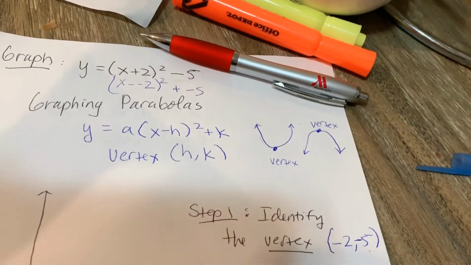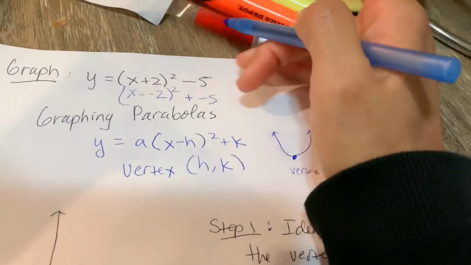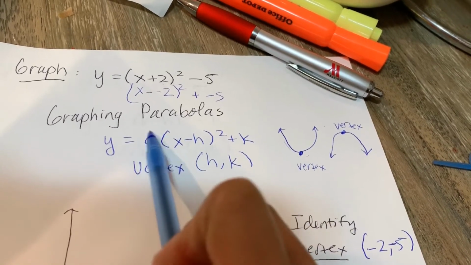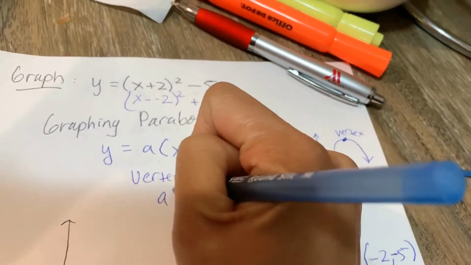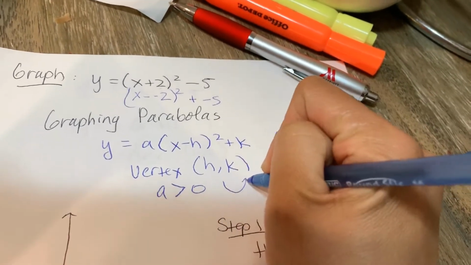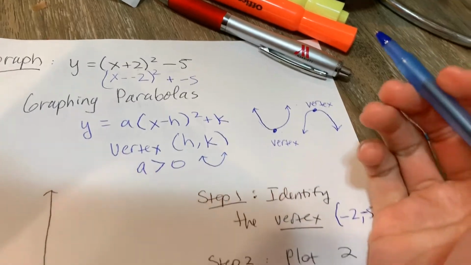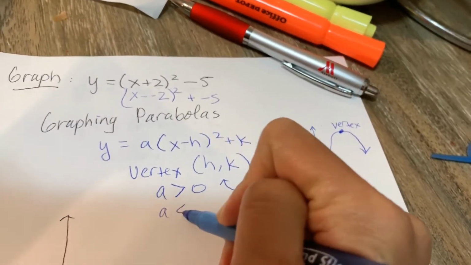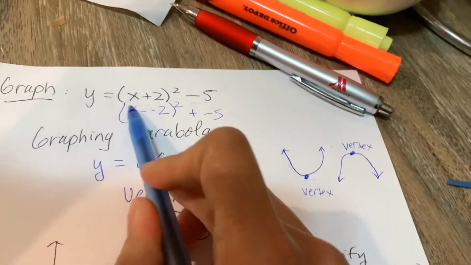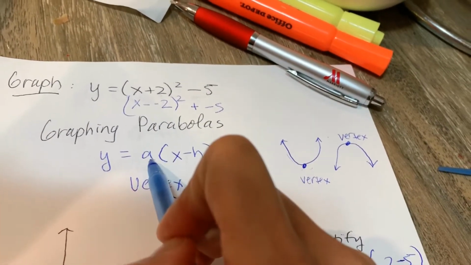So that's the vertex. The other thing that you can know about a parabola when you look at this formula is the letter A. If A is a positive number, then it's going to look like a happy face, because positive things are happy, right? And then if A is negative, then it's going to be a sad face. Well, looking at this problem, what is our A in this problem?